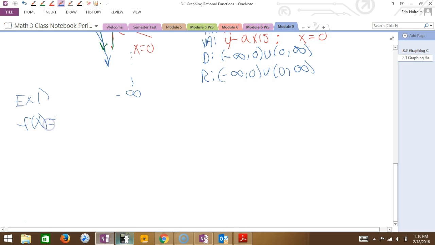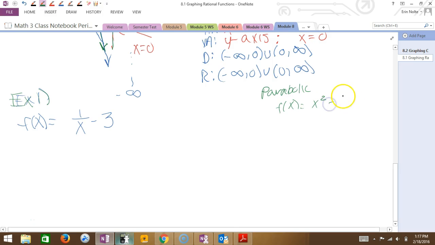We had f of x is equal to... well, what do you think that means? So you know how on a parabola, a parabolic function, we had f of x is equal to x squared?